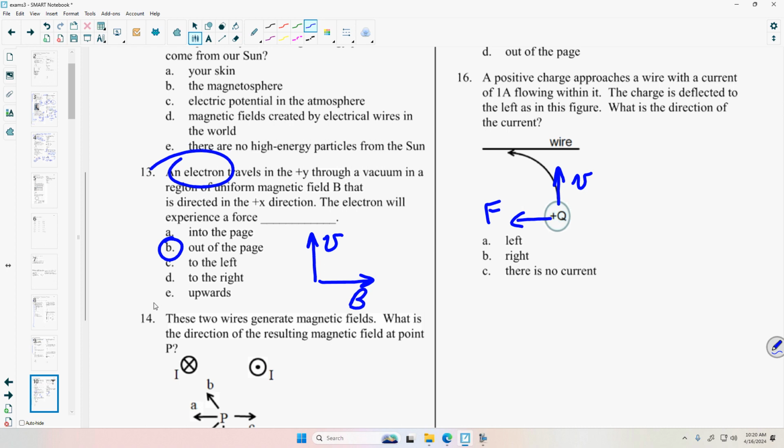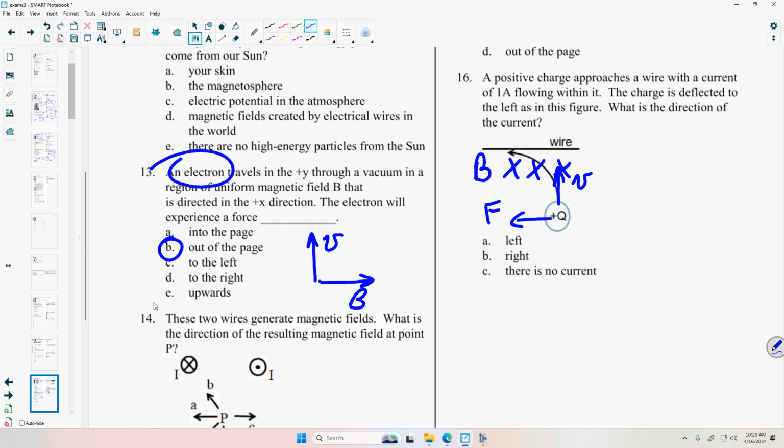That means that I have to have a magnetic field that is into the page, like that. That's my magnetic field. If I do my right-hand rule, remember, thumb is your force, V is your index finger, and B is your middle finger. So here, F is my thumb, and so my middle finger points into the page. So my magnetic field has to be into the page.